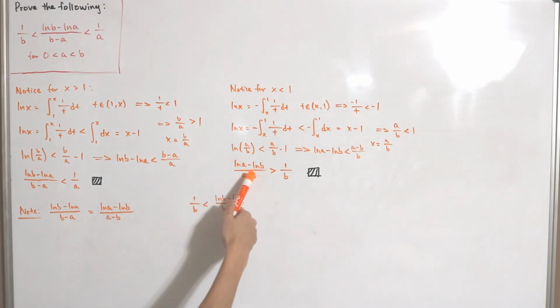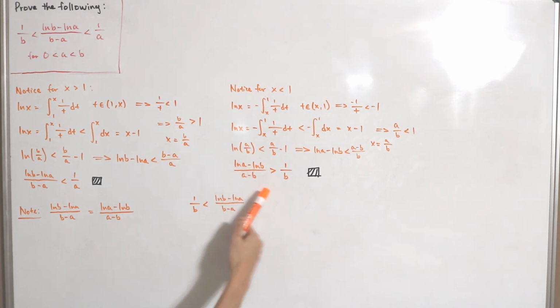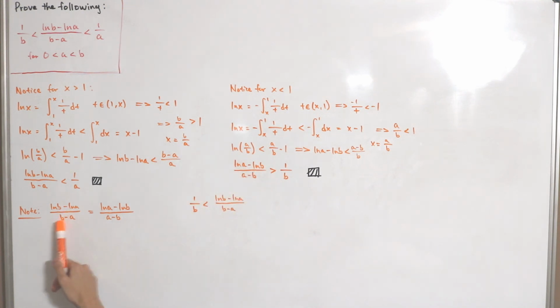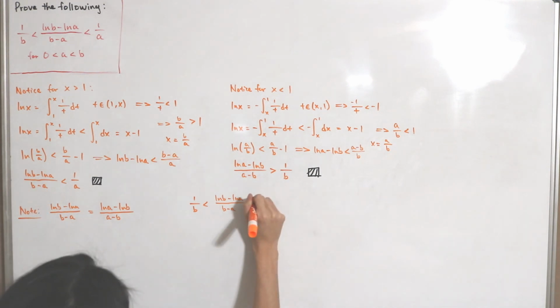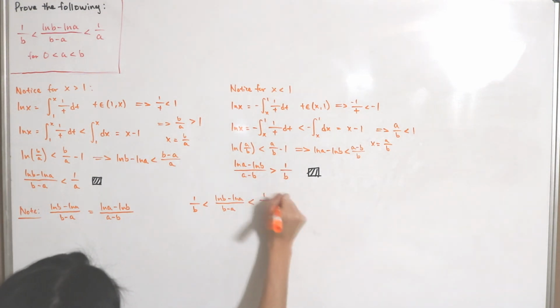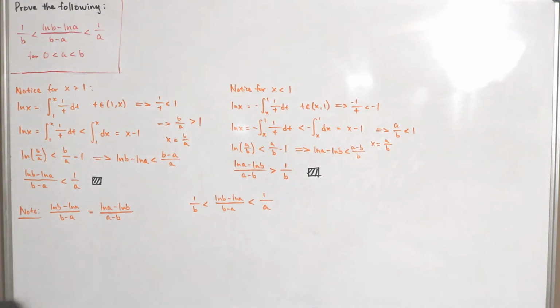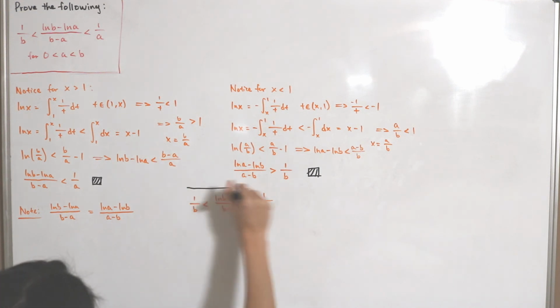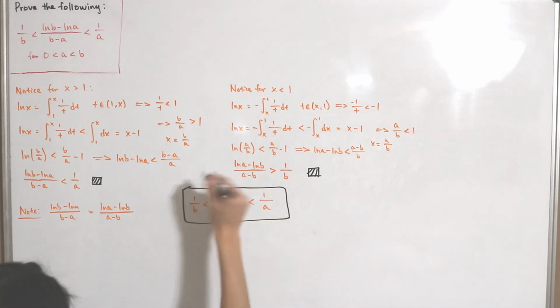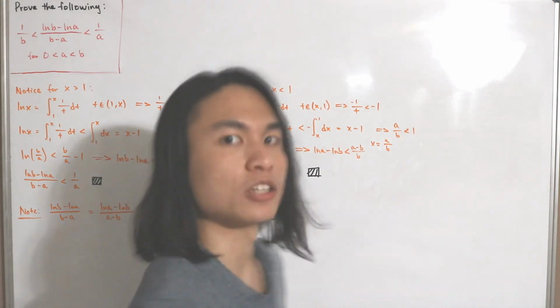So this comes from ln of a minus ln of b divided by a minus b. We set that equal to this, which is what we're trying to show, which is coming from here, and then we set the strict inequality that it is less than 1 over a, and therefore we have proven our inequality, like so. There we have it in this black box. All right, that's pretty cool if you ask me.